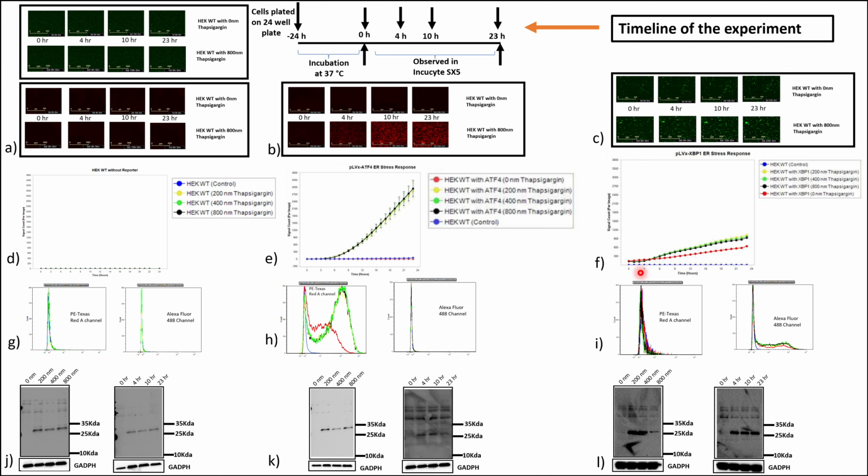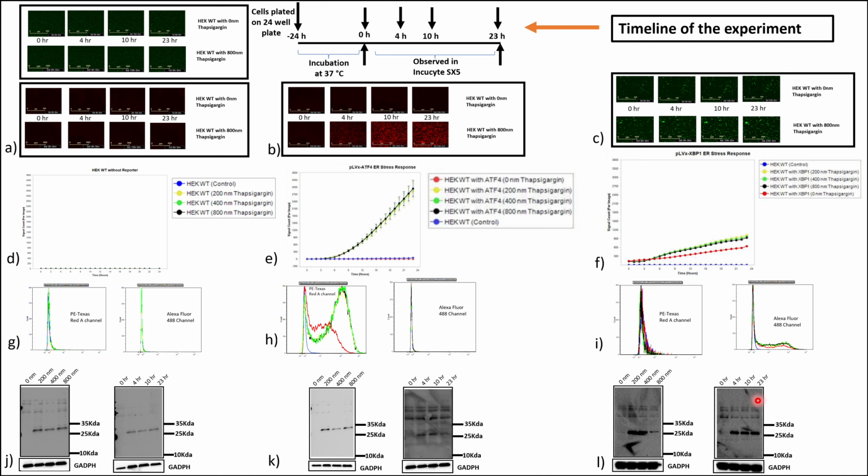Then we check another reporter that is available in the literature and in the market, that is XBP1. This signal is also increased during ER stress. However, we found that the signal is quite low compared to ATF4, as confirmed in both the InCyte measurements and the flow cytometer.